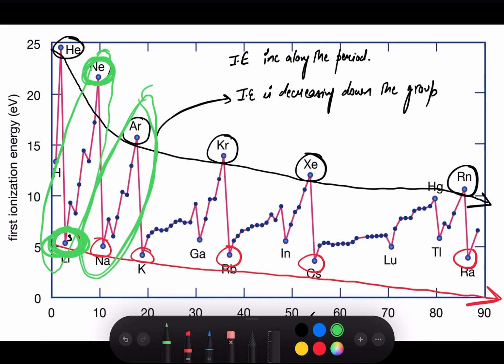The maximum value for the ionization energy is of argon, which is the member of group number 18, the noble gas, and the minimum value is for sodium, which is the member of group number 1, the alkali metal. And the ionization energy always decreases down the group, and increases along the period.